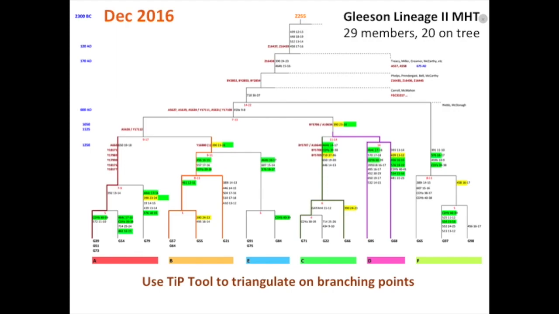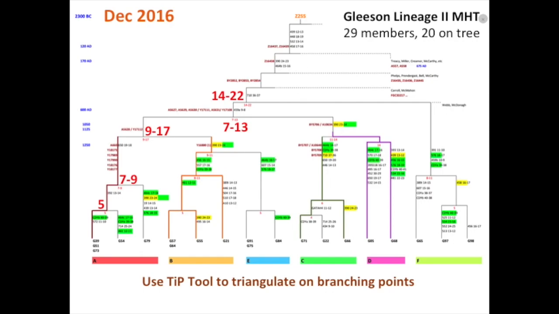So for example, rather than just depending on comparing 2 people, if we compare, say, I put the number of generations back to each branching point here, underneath each branching point in turn. And you can see that comparing these 2 people here, you've got a midpoint estimate of 5 generations. Comparing this person here to this person and to this person gives you a midpoint estimate range of 7 to 9.